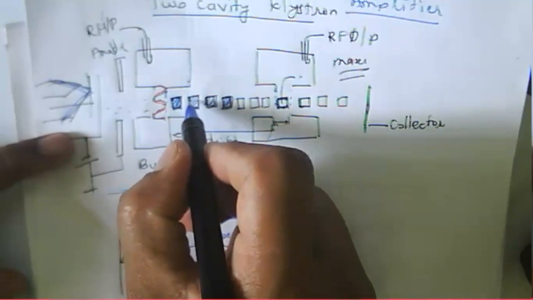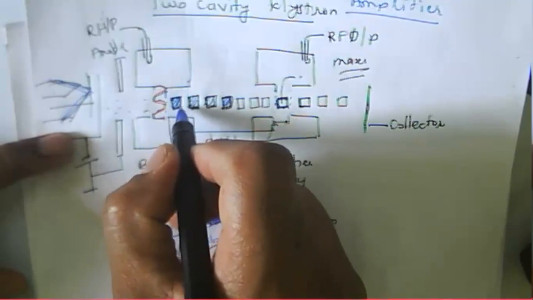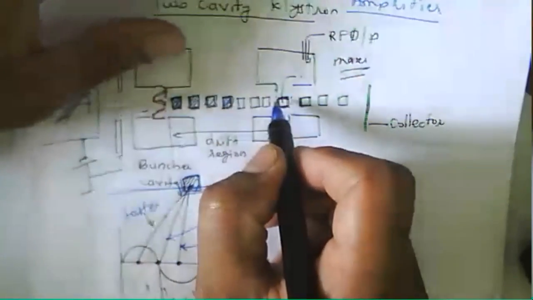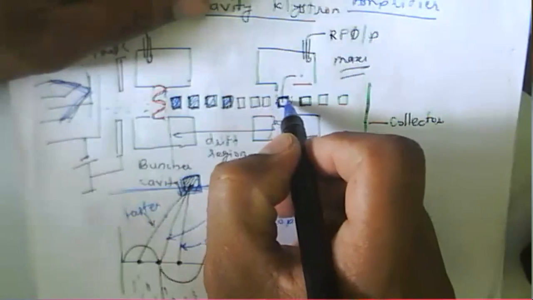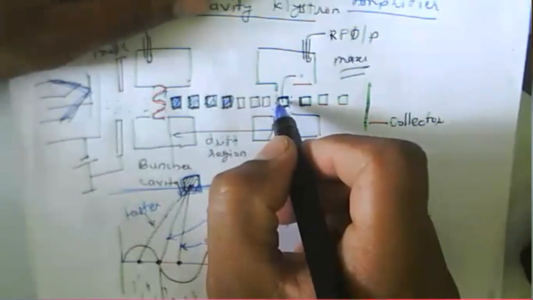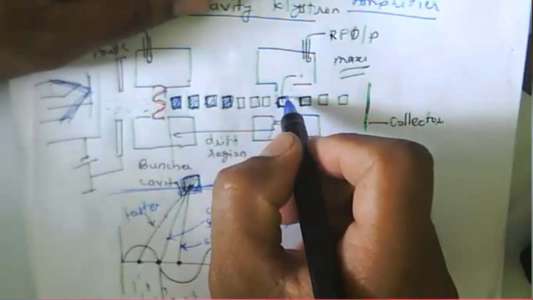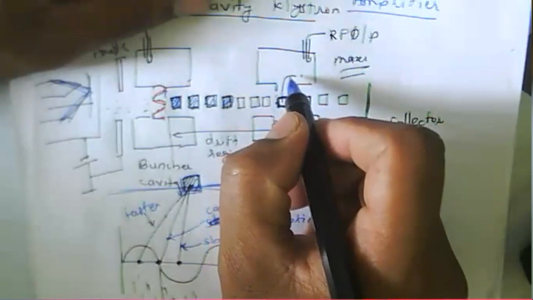Because they have high velocity, they reach the catcher cavity. When they reach the catcher cavity, the bunches release their energy to the RF field.